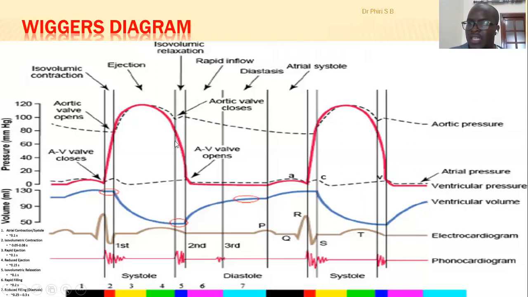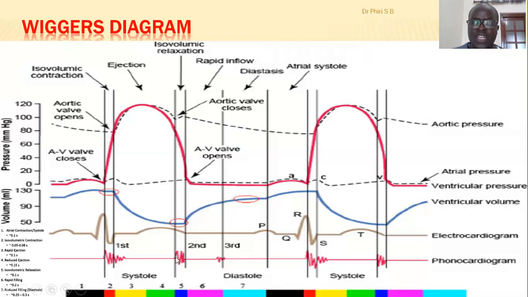So there is no change in the volume of the ventricles as the ventricles are relaxing, because the aortic valve or the semilunar valves have now closed, and the AV valves were closed a long time ago. So the volume will still remain the same as the ventricles are relaxing. This stage is referred to as isovolumetric relaxation, or phase 5.